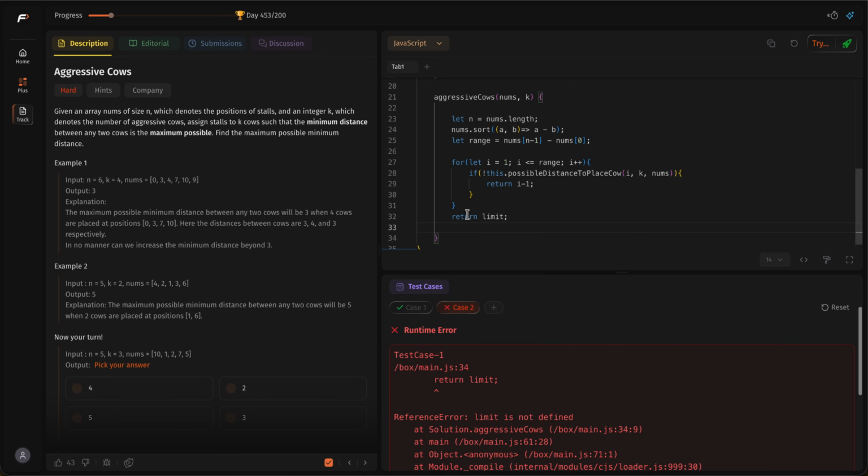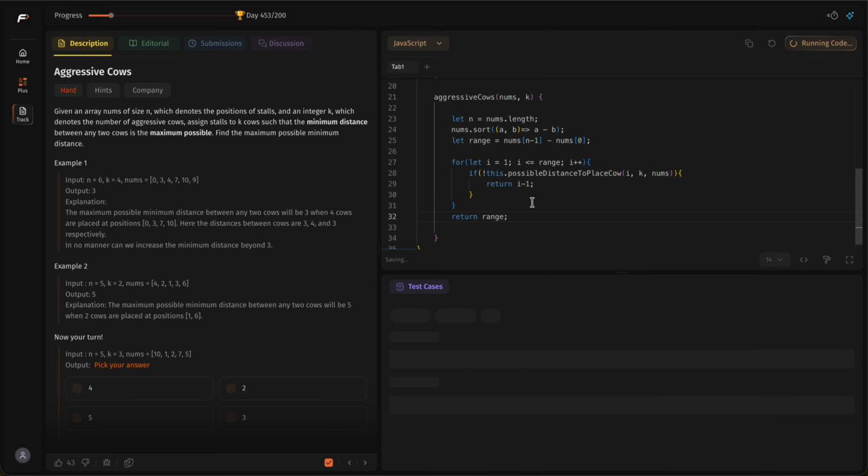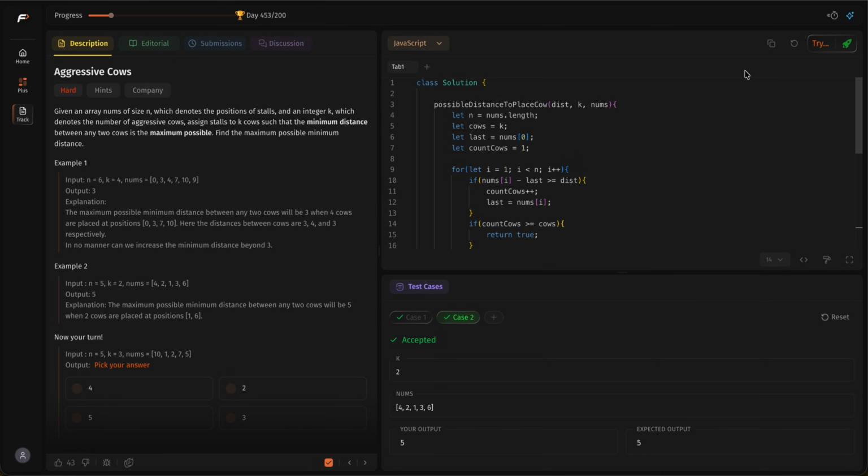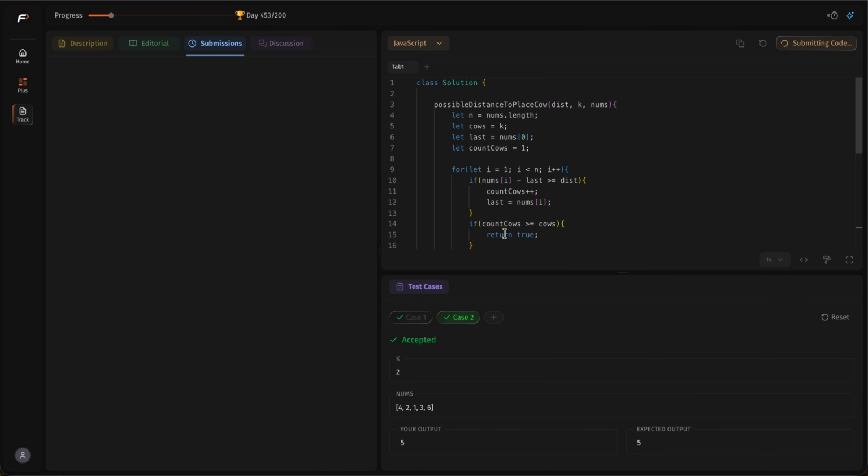What happened? Oh, sorry. Return range. Yeah, if we have only two cows, then we just return the range over here. So we will go and submit this.